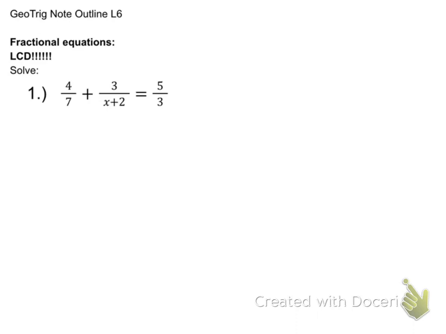To get 4/7 to the other side, I have to subtract, and then I'm going to subtract 5/3 minus 4/7, which means I have to have a common denominator. So I get a common denominator and put it together to get a fraction. Can you visualize that when I bring 4/7 over, I'll have a fraction equaling a fraction at some point? And at that point, I could cross multiply and solve for x.